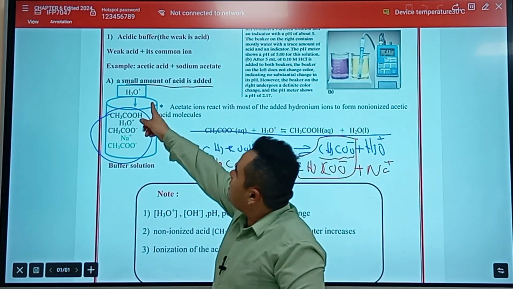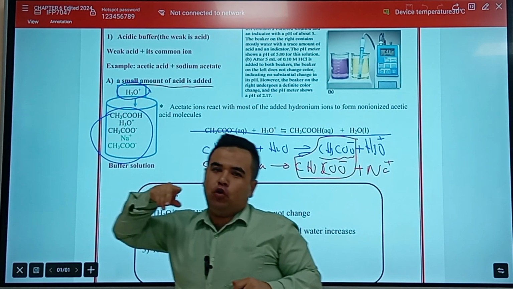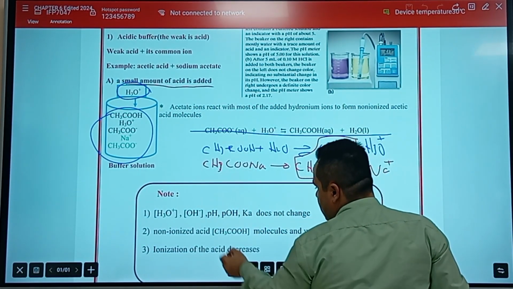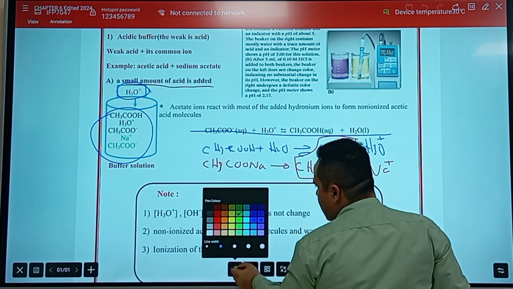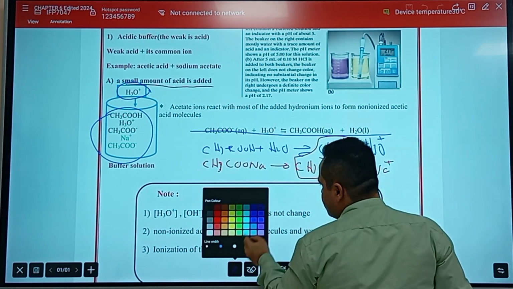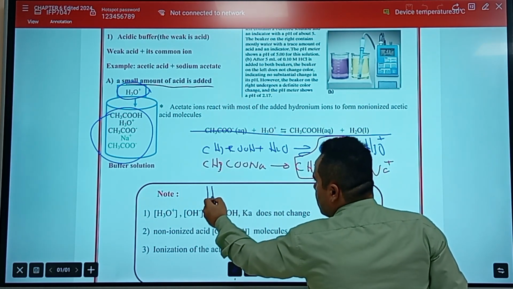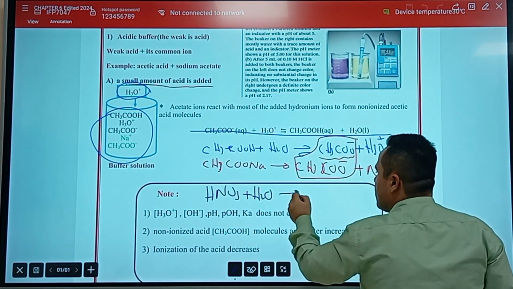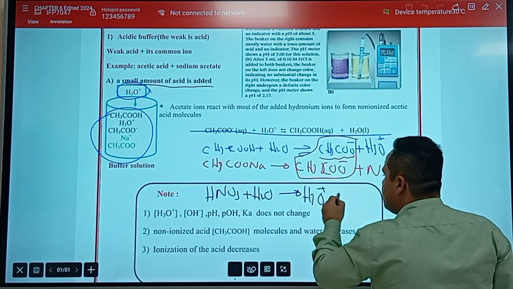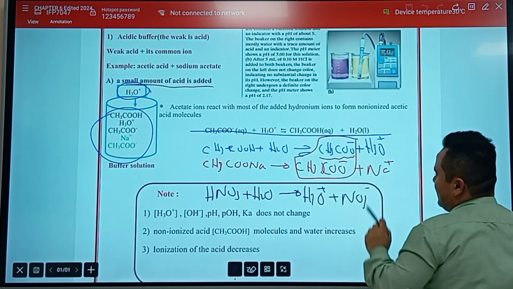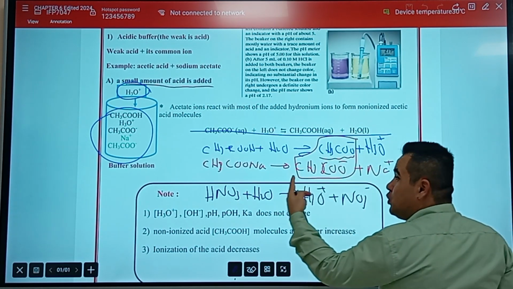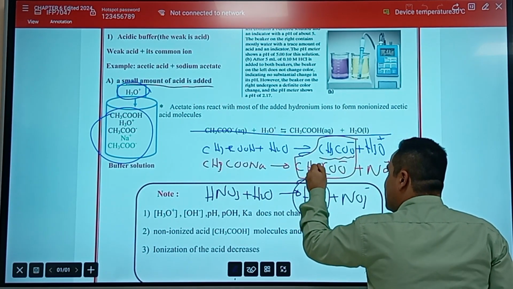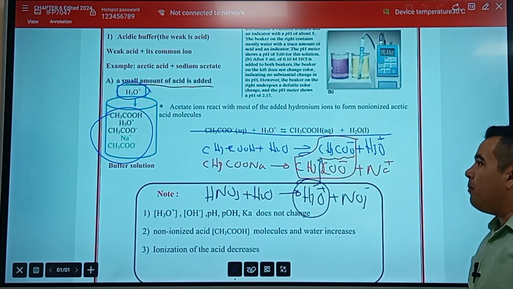Addition of a small amount of acid means adding hydronium. So let us add a small amount of acid to the above solution, for example HNO3 plus H2O will produce hydronium plus NO3 negative. Addition of a strong acid, as I told you, is equal to the addition of hydronium.